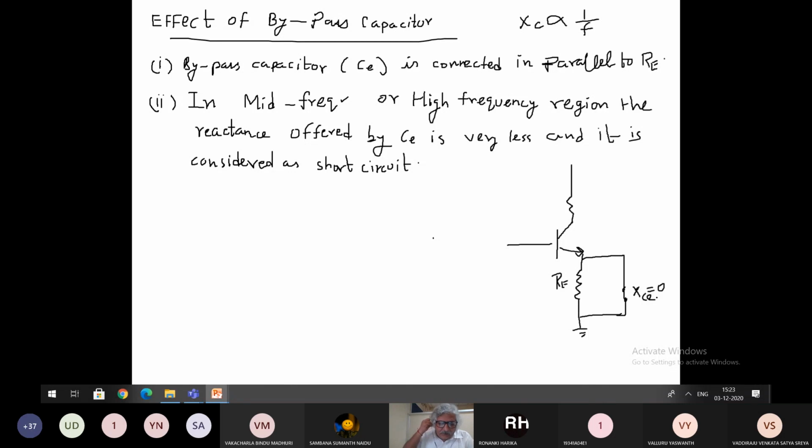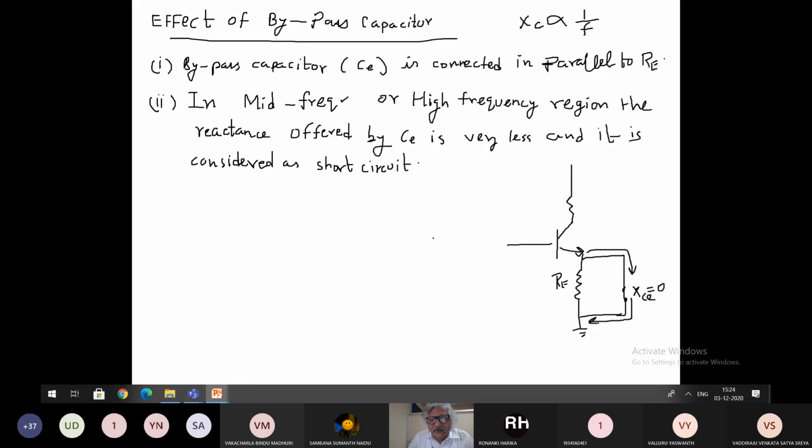The whole current will pass through this short circuit path, and no current will go towards RE.